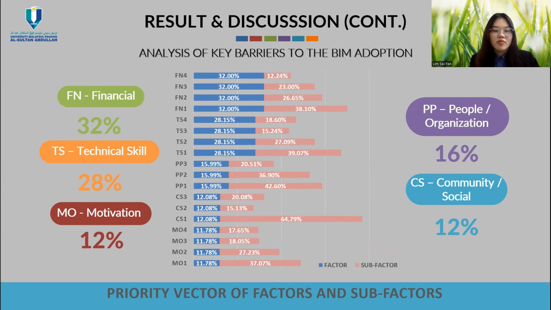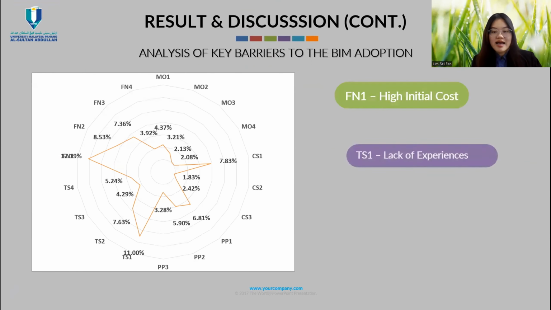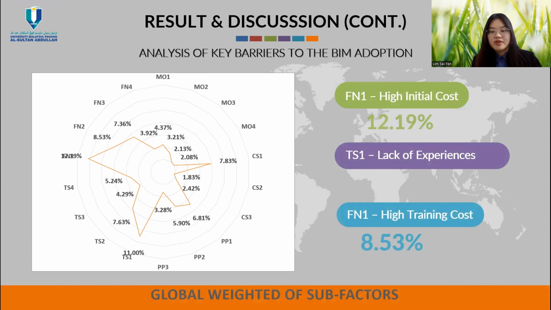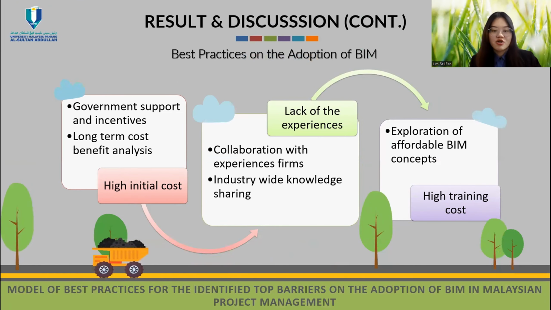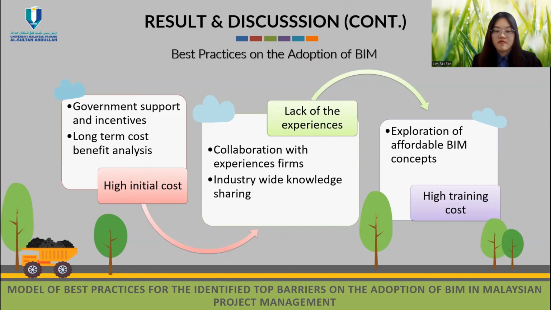Next, the global weight of subfactors is assessed. As depicted in the figure, the three most prominent subfactors are high initial cost, lack of experience, and high training costs. This model shows the best practice for the identified barriers on the adoption of BIM.